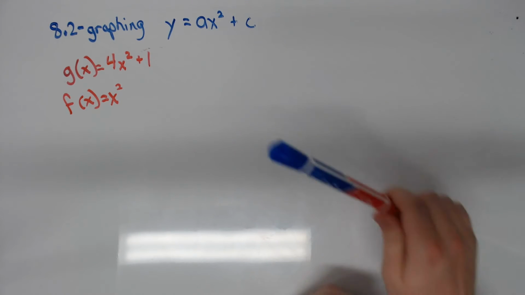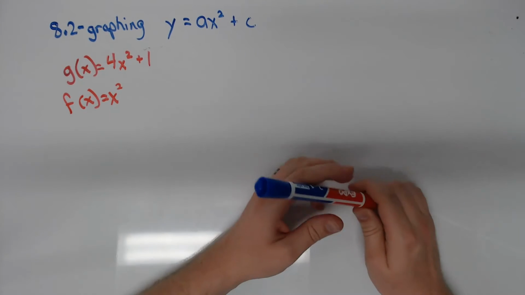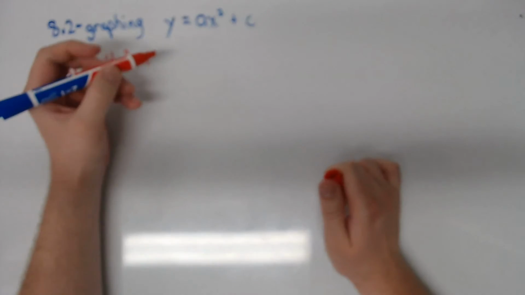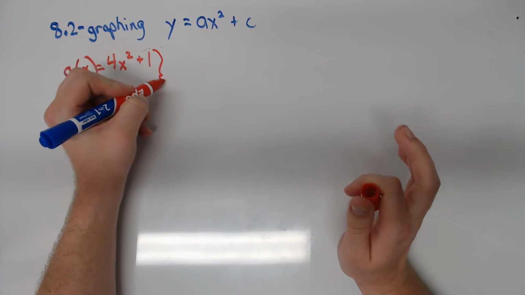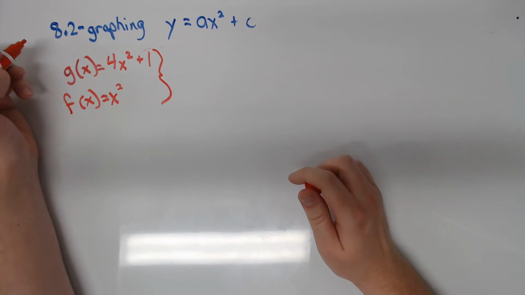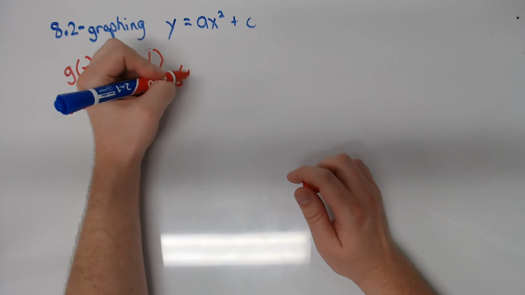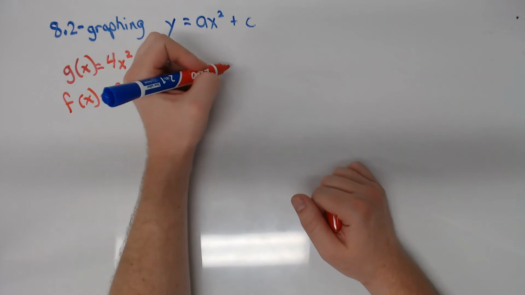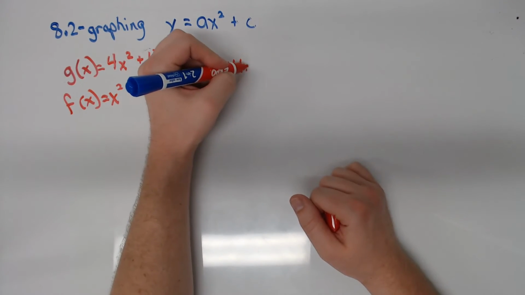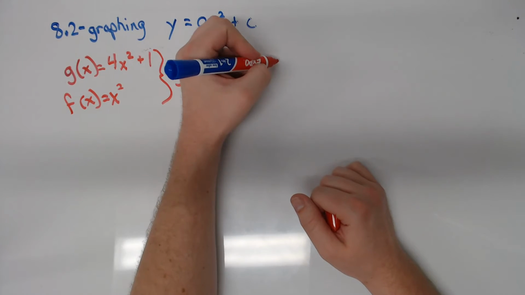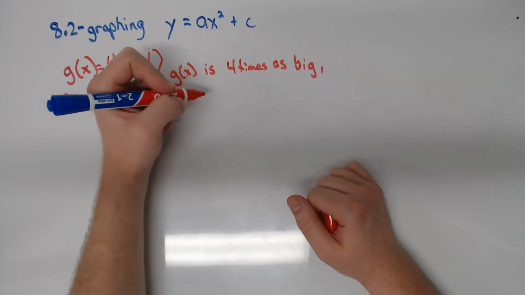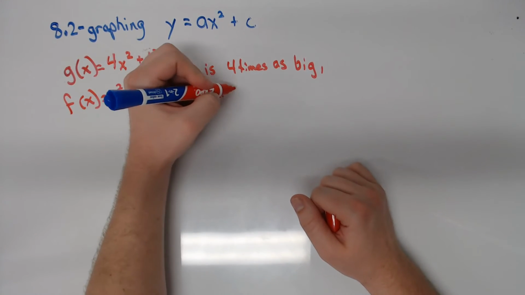So now we're going to work with g of x is 4x squared plus 1. Now there's an a and a c value. So again, let's start the conversation with what happens if we follow order of operations. G of x is like the parent function, but it's 4 times as tall or as big, then plus 1.